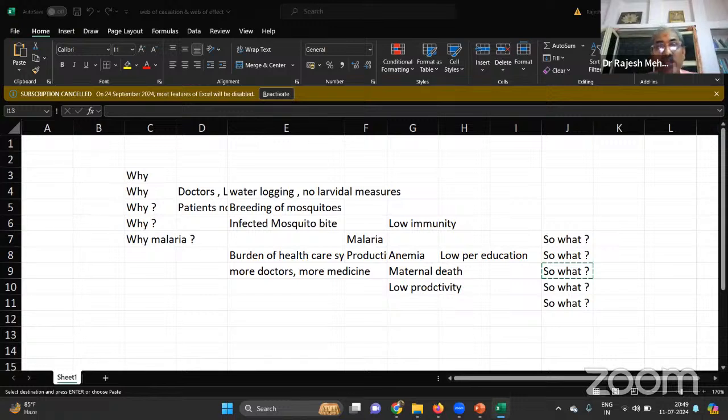Okay. Now, if someone asks you to give a scientific basis for your decision-making process, that is where the why and so what will tell you how you are going to take a decision. If you spend, let's say, 50%, 50 crore on immunization, what are you going to get? You will be able to control 10 or 15 diseases at the most.